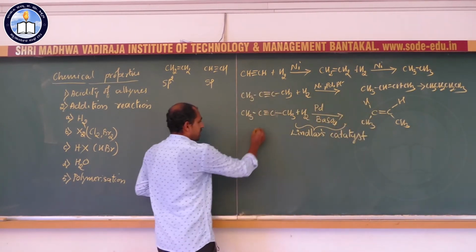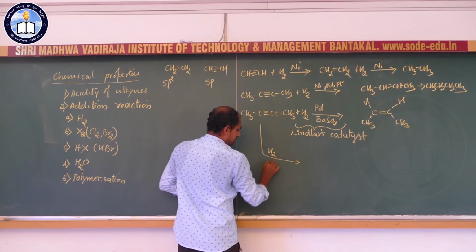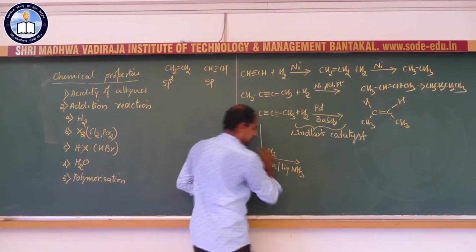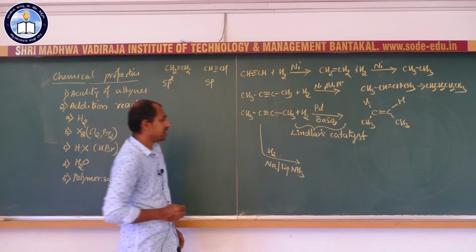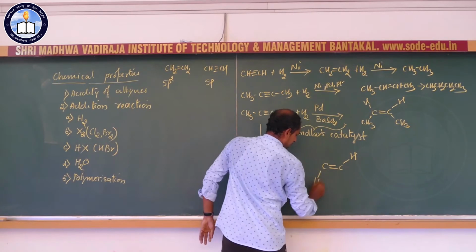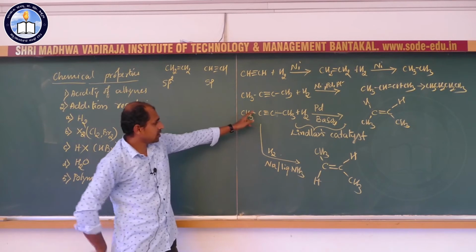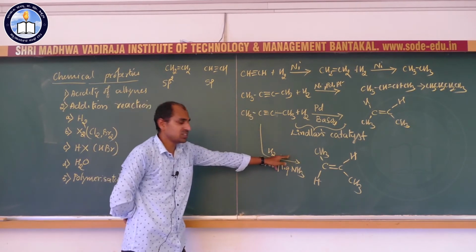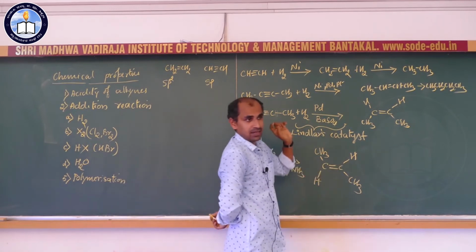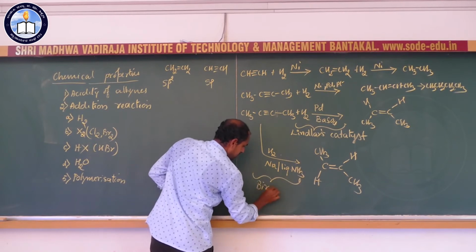In the same way, if this alkyne is treated with hydrogen in the presence of sodium and liquid ammonia medium, then we get corresponding trans alkene. So, alkyne undergo hydrogenation in the presence of sodium and liquid ammonia, we get a trans alkene. So, this reaction condition is called Birch reduction.